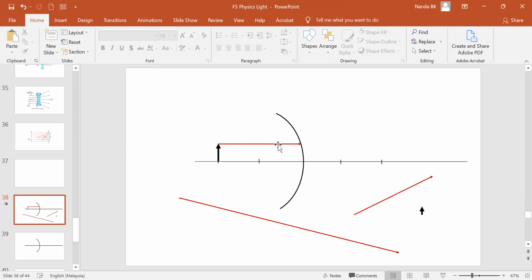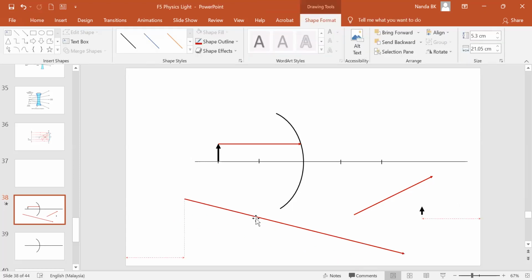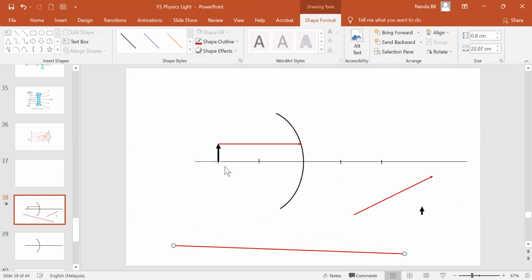Whatever is parallel to the principal axis, what must happen? It will bend like this and pass through the focus. There, can you see? Focus.